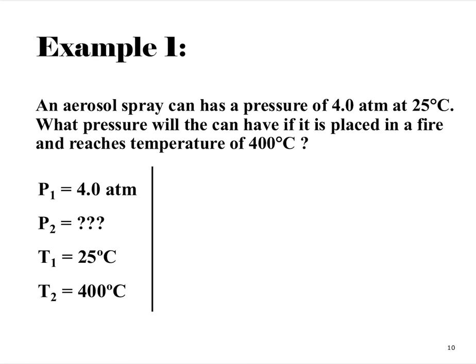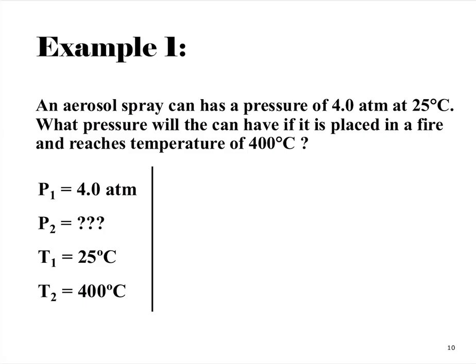If we have an aerosol spray that has a pressure of 4 atmospheres at 25 degrees Celsius, what pressure will the can have if it's placed in a fire that reaches 400 degrees Celsius? What do you think will happen? Will the pressure go up or down? Up, right?